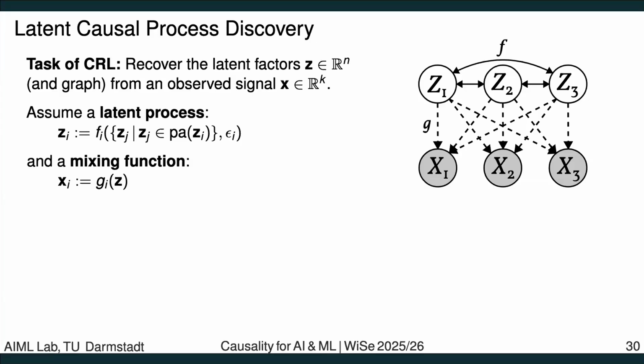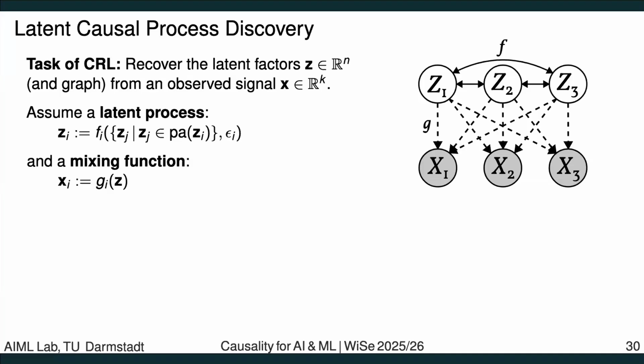So this might be some underlying genes, how they developed, and we then see the final plant or whatever in our lab. Or it might be that we have some underlying cells in memory, and G is the rendering function of our scene or of our game or whatever.